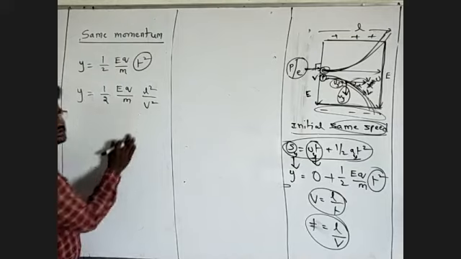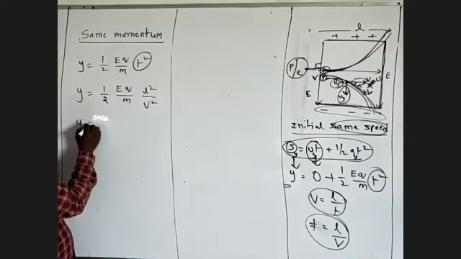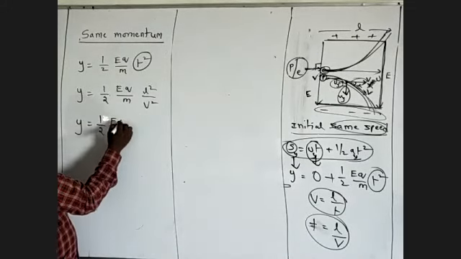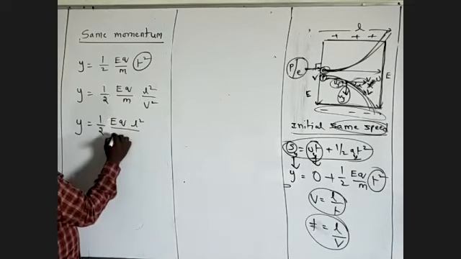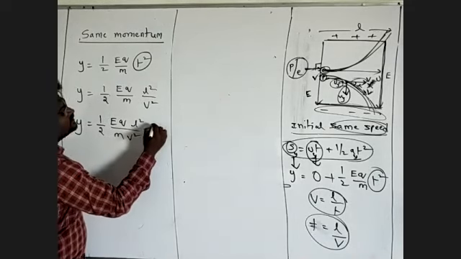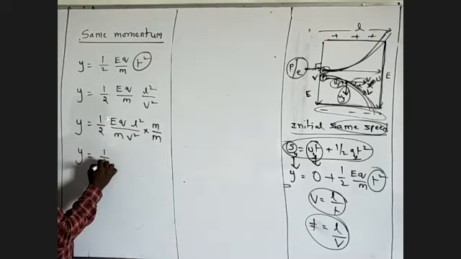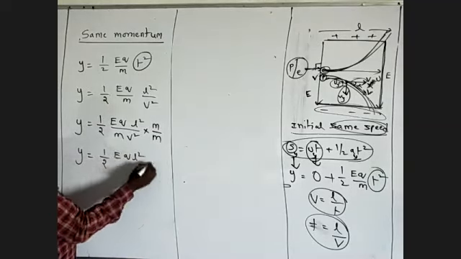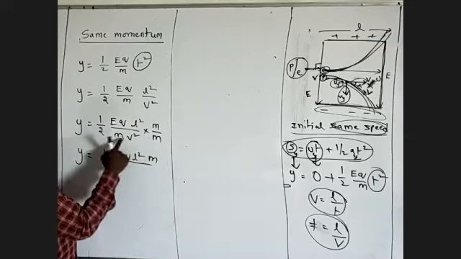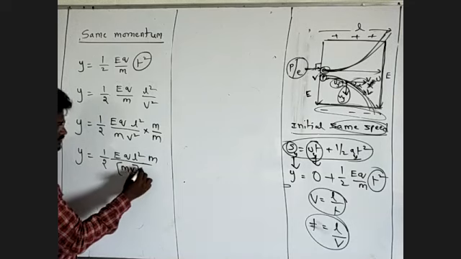Now this equation converts to momentum. So y is equal to 1 by 2 eE L squared by m v squared. I am multiplying and dividing by m, so y is equal to 1 by 2 eE L squared m by m squared v squared.